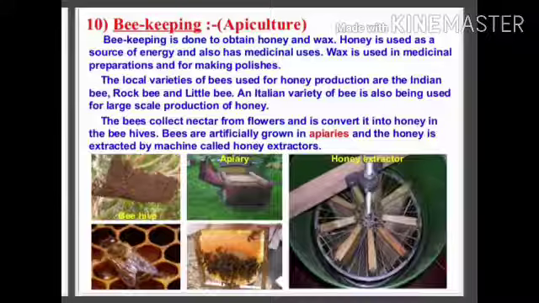Honey in India is produced by bees like rock bee and little bee, and the Italian bee is also being used for large scale production of honey, as these bees collect nectar from the flowers and convert it into honey in the beehives. Bees are artificially grown in apiaries, and the honey is extracted by machines called honey extractors. This is also done by hand in most parts of the valley.